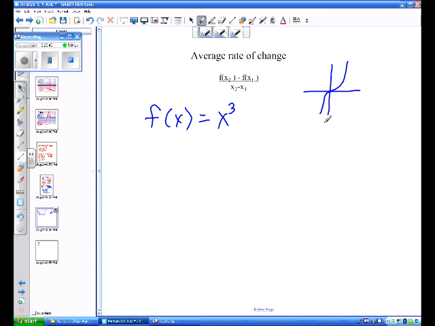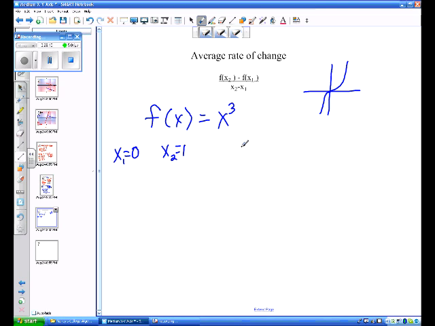It changes at different times. And so we've got our function, and we want to figure out, well, what's our average rate of change between when x is 0 and x is 1. So let's call x sub 1 0, and x sub 2 is going to be 1. So we want to know, well, what was the slope between 0 and 1?